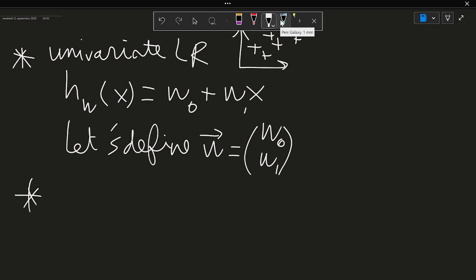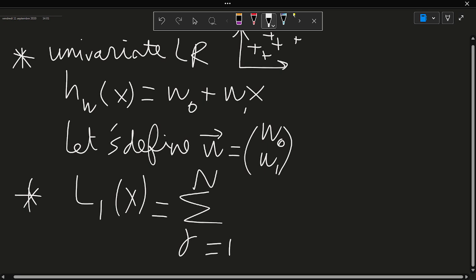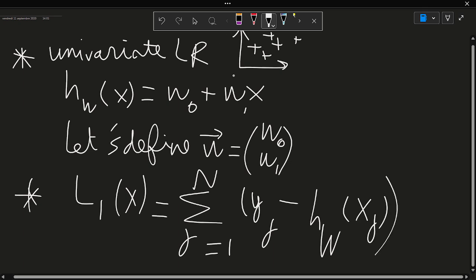There are different candidates here. We could go for the L1, which is going to sum over all the data points, and you just take the difference between the ground truth and whatever prediction we came up with, right?